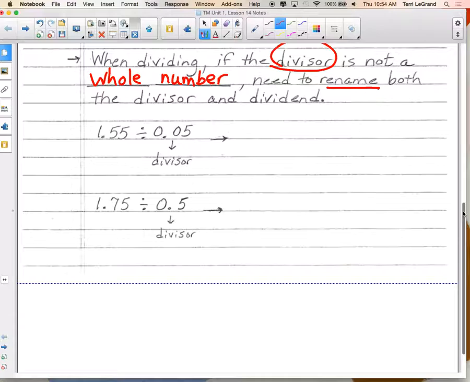No. Our divisor is not a whole number, is it? So if it's not a whole number, we have to rename it so that it is a whole number. So let's write this as a fraction, okay? 1.55 over 0.05. Remember, division can also be written that way.